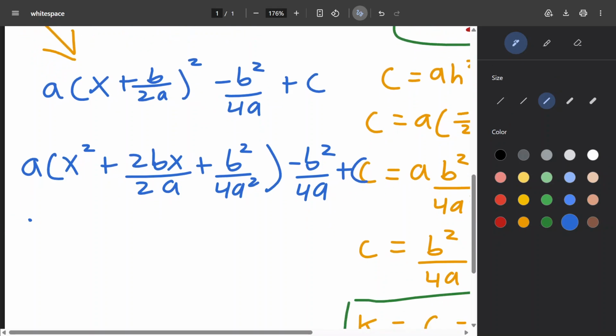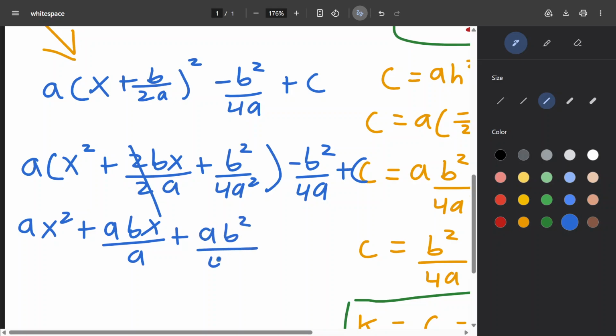Let's distribute a. We end up with ax squared plus 2. Actually, these twos cancel out. abx over a plus ab squared over 4a squared minus b squared over 4a plus c.